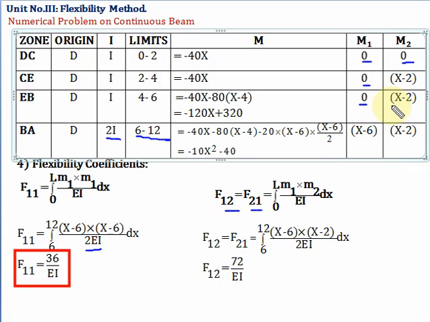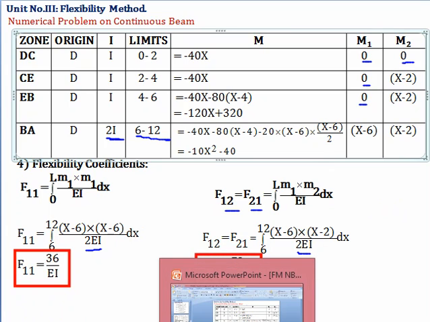Okay, so this term again will be equal to 0. Now for BA, the value in the M1 column is x minus 6. Okay, and in the M2 column it is x minus 2. The value of EI is 2 here, so put the value 2, and limits 6 to 12. Okay, so here we'll get the value of F12 as 72 upon EI. Okay, so this way we have found out the F12 value.